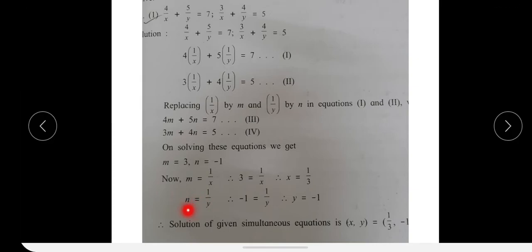Again, n is equal to 1 upon y, and the value of n is minus 1. Therefore, minus 1 is equal to 1 upon y, which means y is equal to minus 1. Therefore, the solution of these linear equations in two variables, x and y, is 1 upon 3 and minus 1. Next example.